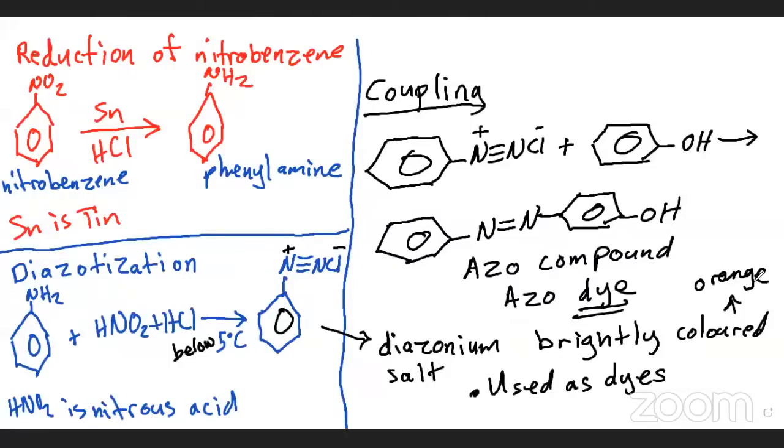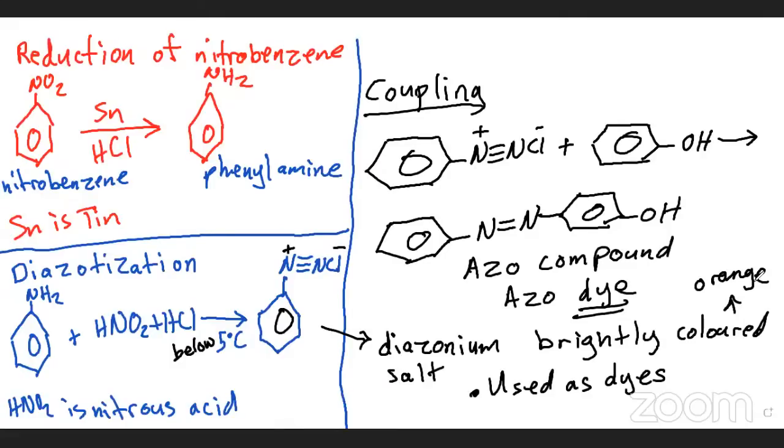We looked at what else? For phenol now, we looked at the reaction of phenol with sodium hydroxide. You get sodium phenoxide. We looked at the reaction of phenol with acid chloride, specifically ethanoyl chloride, and you get your ester, phenyl ethanoate.